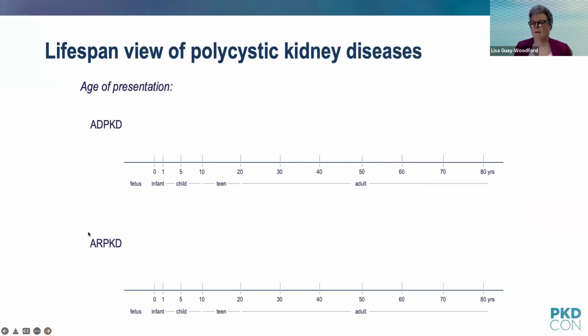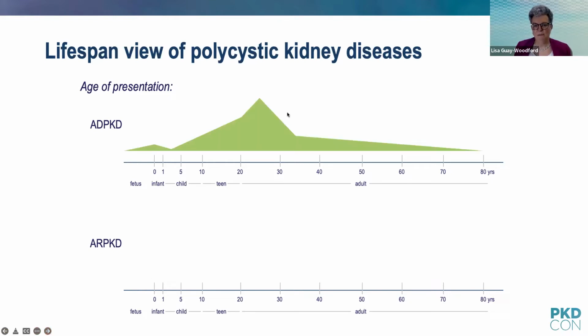Now, when we think about polycystic kidney disease, you've heard terms like adult polycystic kidney disease and infantile polycystic kidney disease. Typically, adult polycystic kidney disease refers to the dominant form of PKD, but it really isn't the right way to describe it, because in point of fact, while most symptomatic patients have clinically significant issues early in adulthood, there is a subset of children that come to medical attention because they too have problems related to their ADPKD.